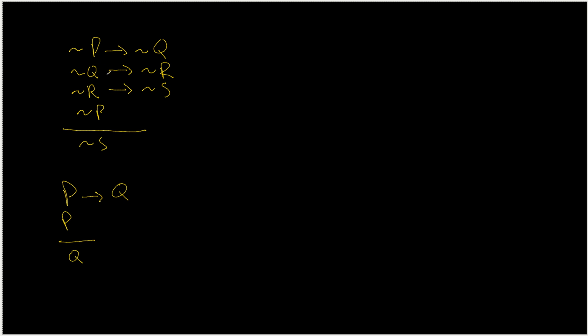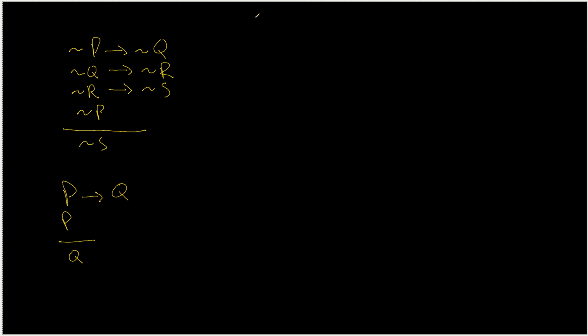We have the negation of P, and we have, if not P, then not Q. So probably we can deduce not Q from this, and then maybe feed not Q into the second conditional, and then feed the conclusion of the second conditional, not R, into the third one, and then conclude not S. Alright, so I'm getting a little bit ahead of myself, but hopefully you can see that this strategy makes sense. So how can we do this formally? How can we prove that this argument is valid?